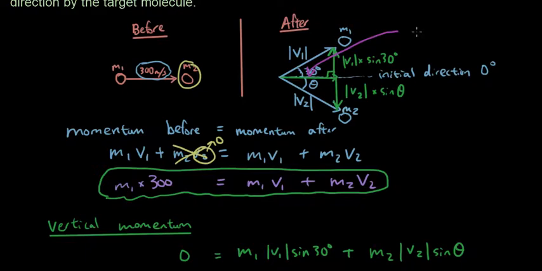This arrow is going to have a magnitude of v1 times cos 30, right? Because it's moving to the right hand side, and the angle here is 30 degrees. I've now covered it up with the arrow, unfortunately, but the angle is 30 degrees. So the horizontal component of the velocity is v1 cos 30.